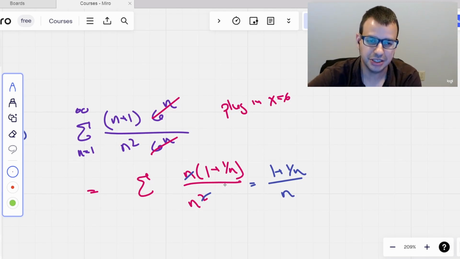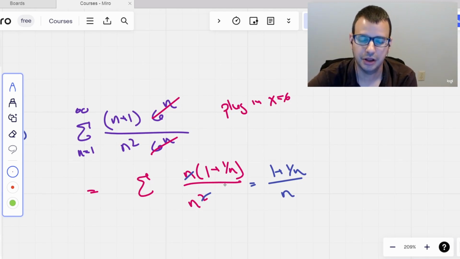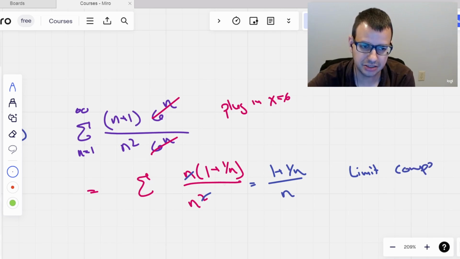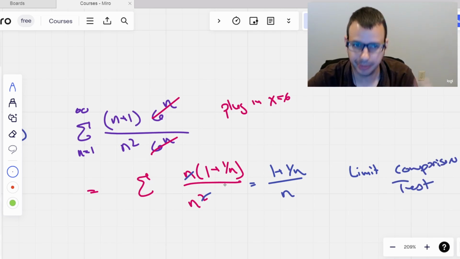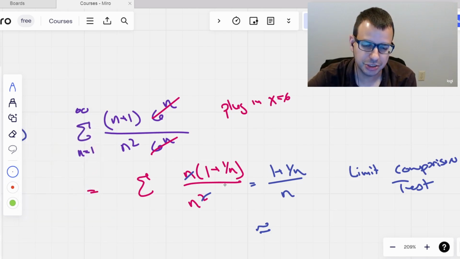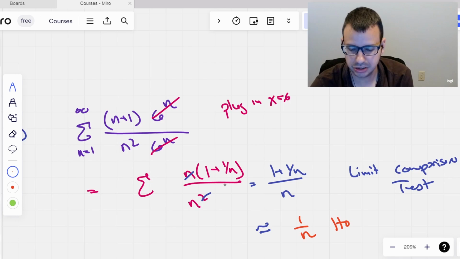I'm going to say limit comparison test. And we could actually probably do the direct comparison test. I'm just going to say that, and ideally the grader is like, oh yeah, I know what they mean. So this is basically going to be the same as 1 over n, which is the harmonic series.